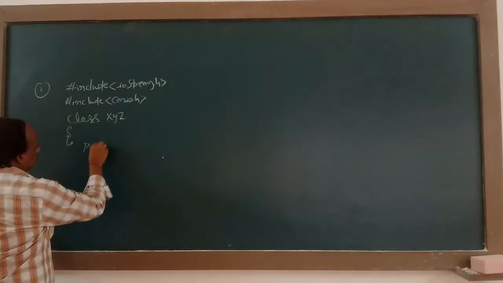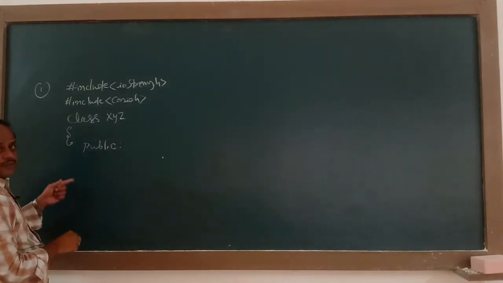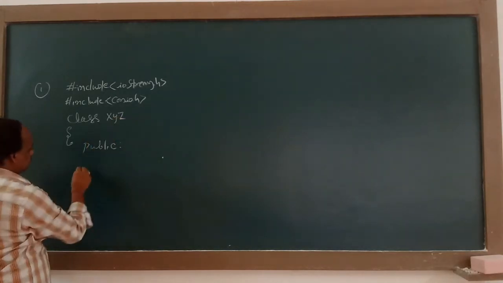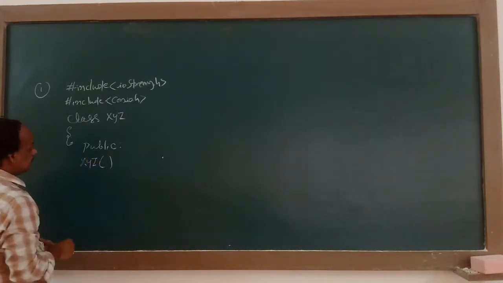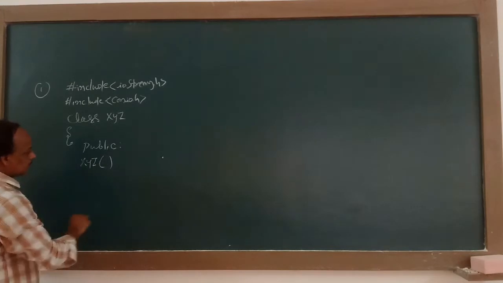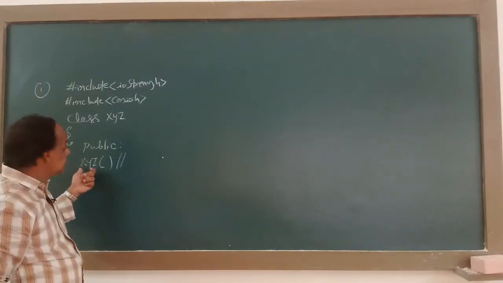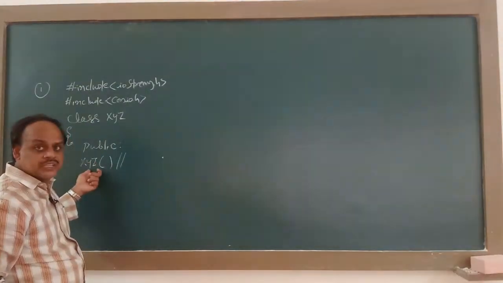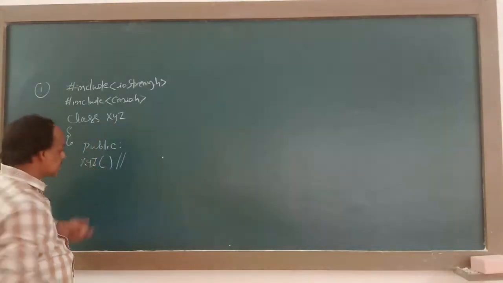That's why public. Now take the constructor name the same as the class name. Therefore XYZ, open bracket, closed bracket. This open bracket and closed bracket indicates a function. It is there in the class, therefore it is a member function. Its name is the same as the class name, therefore it is a constructor.